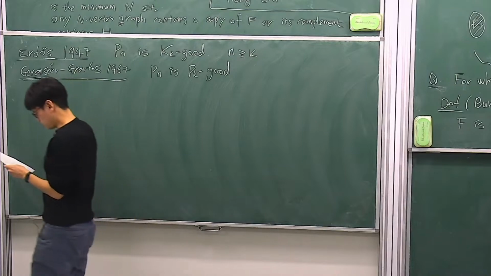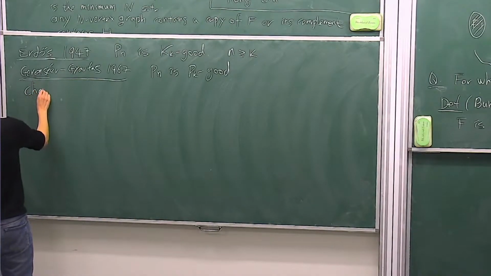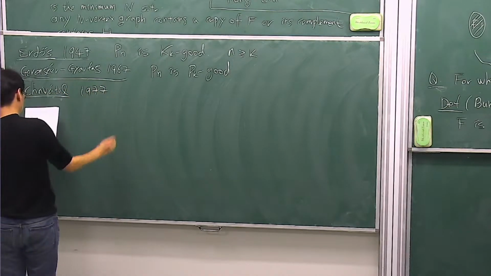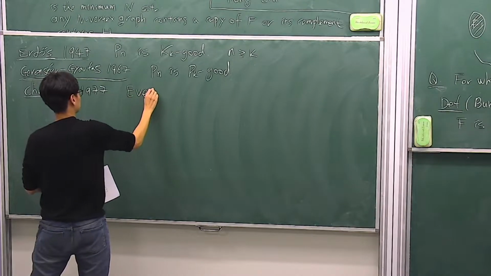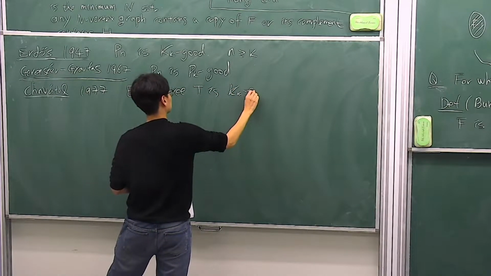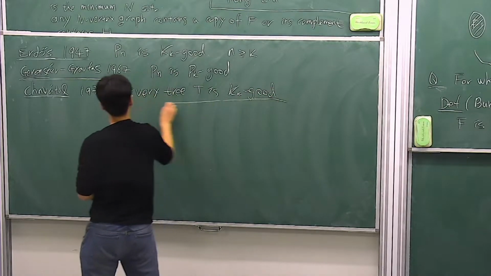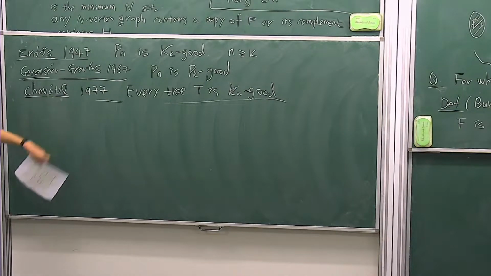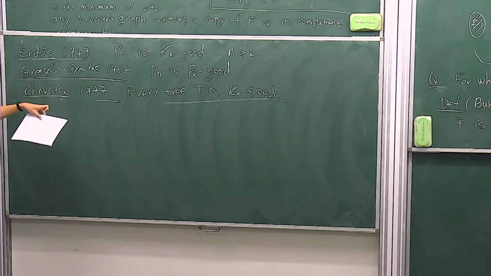And Chvátal in 1977 proved that every tree T is K_K good. I think I taught this in the introduction to graph theory.